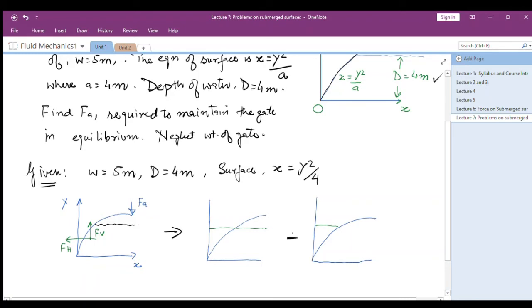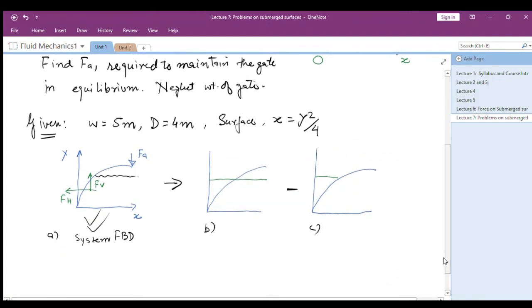I can change it this way. This system which I started with can be changed into this kind of system, where this is case B, and let's say this is case A and this is case C. My case A is my initial system force body diagram, and think of it, if it was submerged completely, then there is no fluid force acting, and then from it you can just subtract this portion.